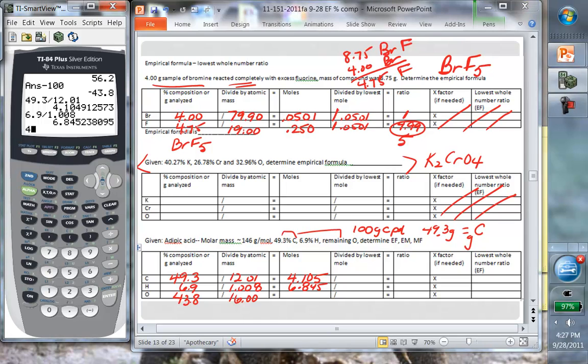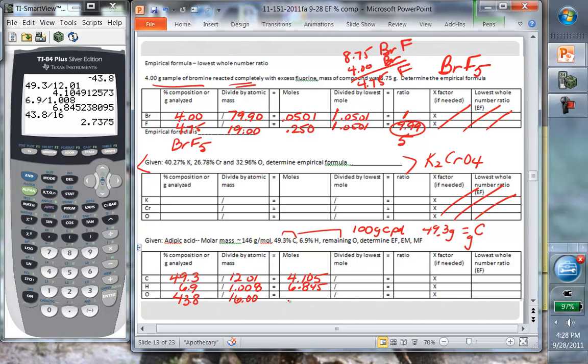And if I take 43.8 and divide it by 16, again, I got to get all these numbers right, I have 2.738. Well, the smallest number is 2.738, so that will be my divisor for each of these.